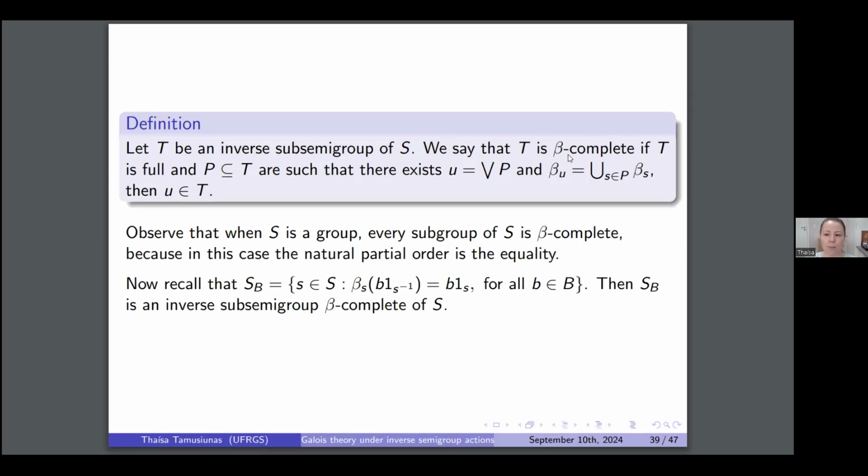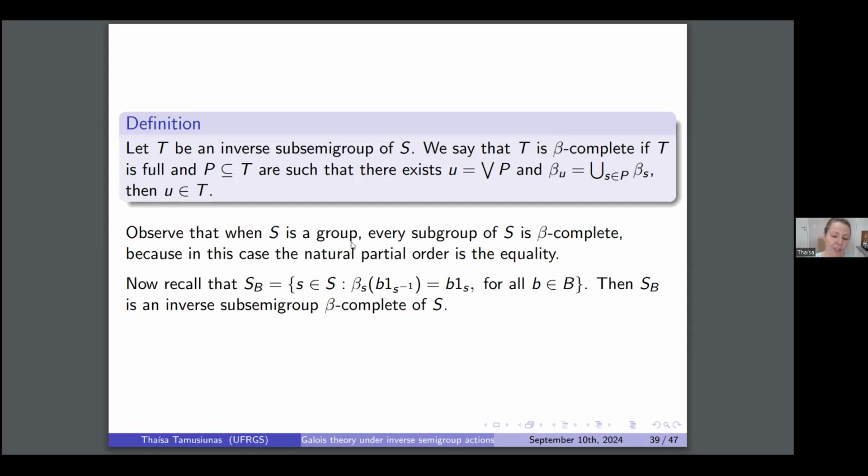So we say that T is beta complete if this inverse subsemigroup T is full, and if we have elements in T such that there exists a join, and this is associated with beta, if this occurs, then this element u, this join, must be in T. So it's closed under joins, but concerning the action beta.